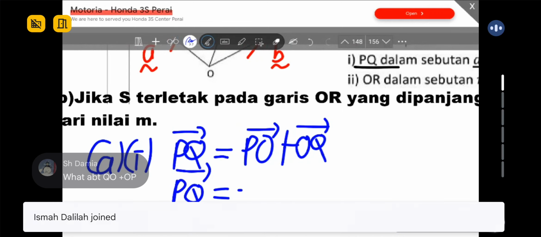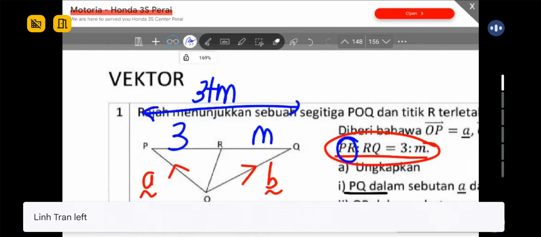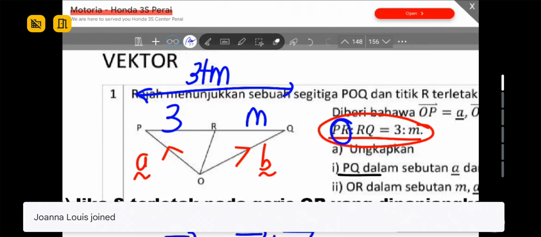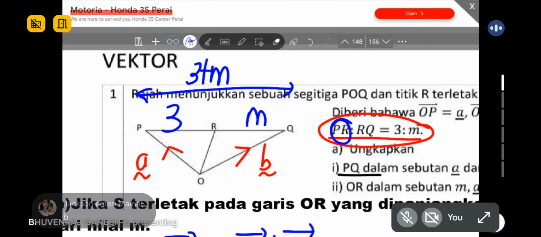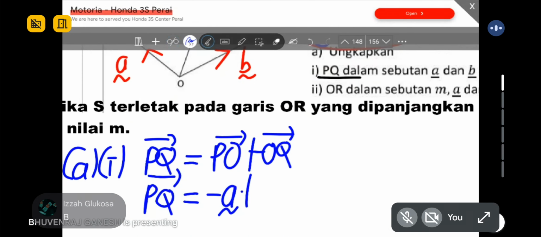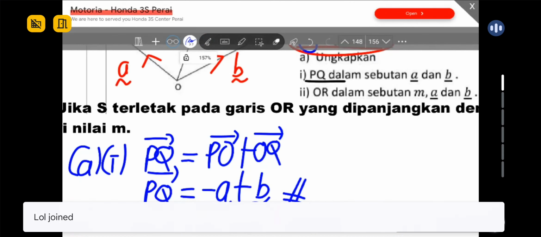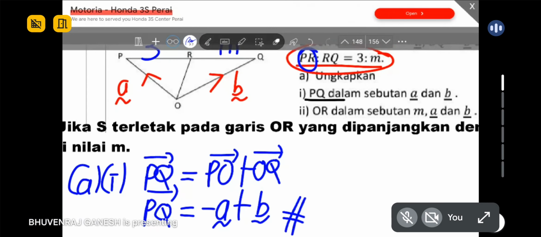So what is your OQ here, guys? OQ sama dengan apa? Very simple. Yes, OQ is equal to B based on the diagram. So kamu label B lah. So this is your answer, guys. That's all. Itu saja for question A1. Just negative A plus B.